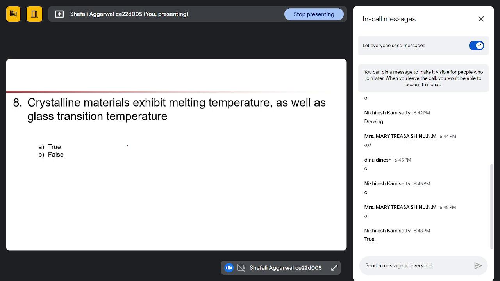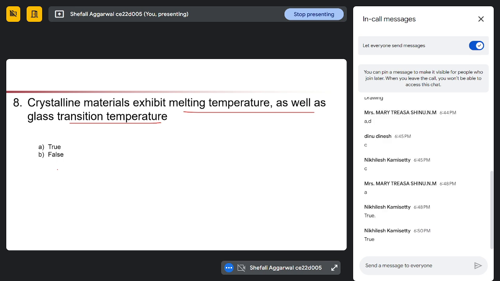Next question is, crystalline materials exhibit melting temperature as well as glass transition temperature. True or false? True.